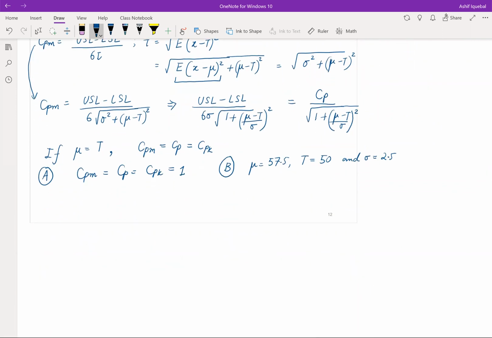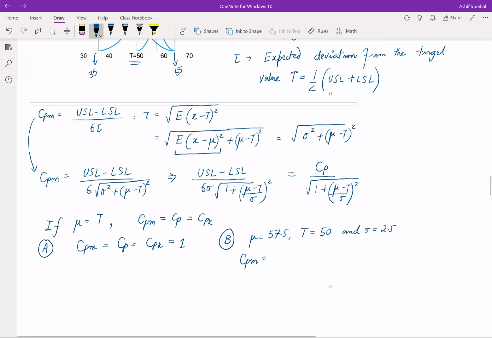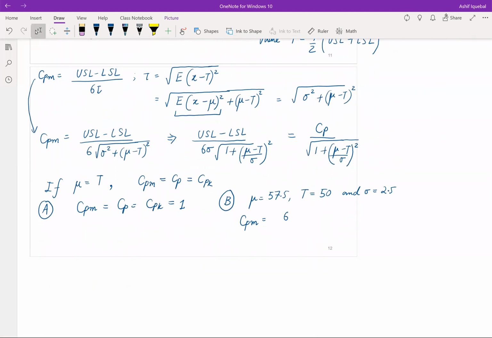So we can calculate CPM as upper specification limit minus lower specification limit, which is 65 minus 35, divided by 6 times sigma, which is 2.5, times the square root of 1 plus, mu is 57.5, T is 50, so the difference of mu and T is 7.5 divided by sigma, which is 2.5.